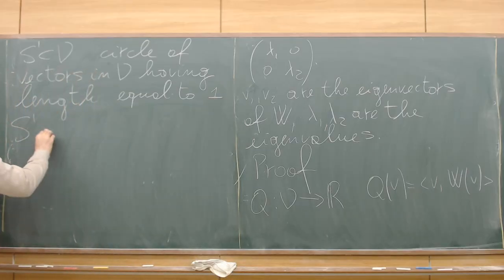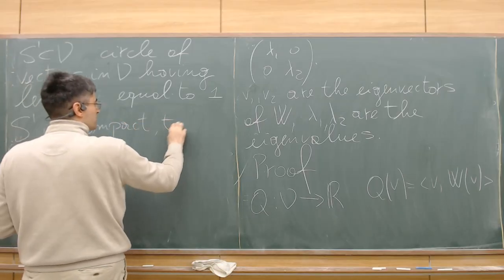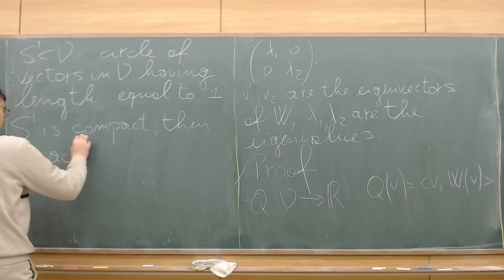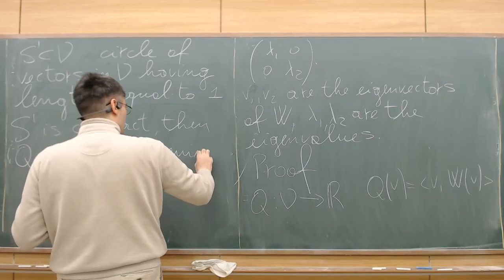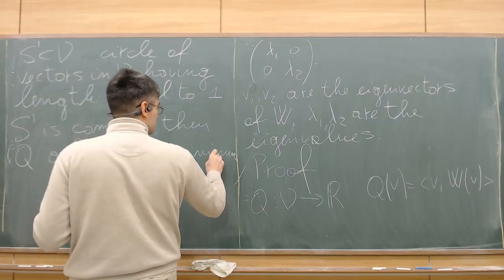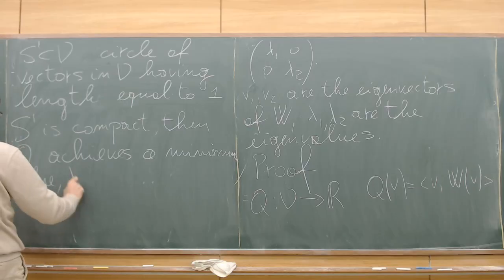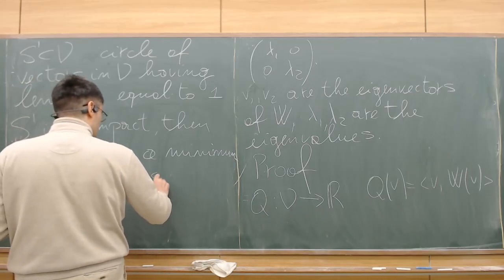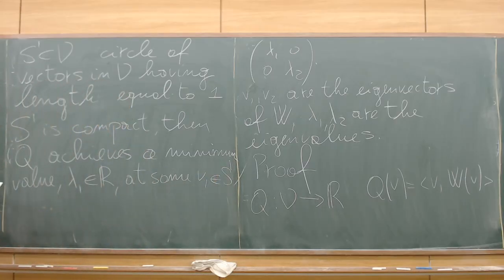Since S1 is compact, then Q achieves a minimum value that I will call lambda 1 at some point V1 in S1.